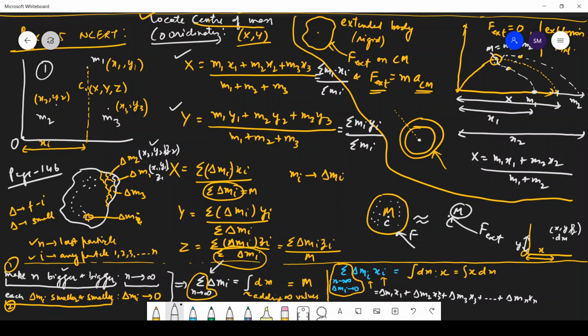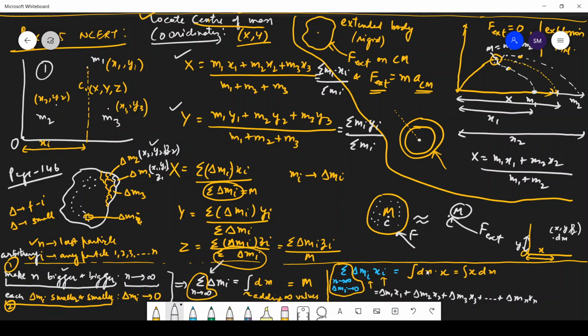So that is why i is not needed. Here it was any mass, m_i, arbitrary. Whenever i is there, it can be any particle, an arbitrary particle. Arbitrary means any particle you can take, it doesn't matter.